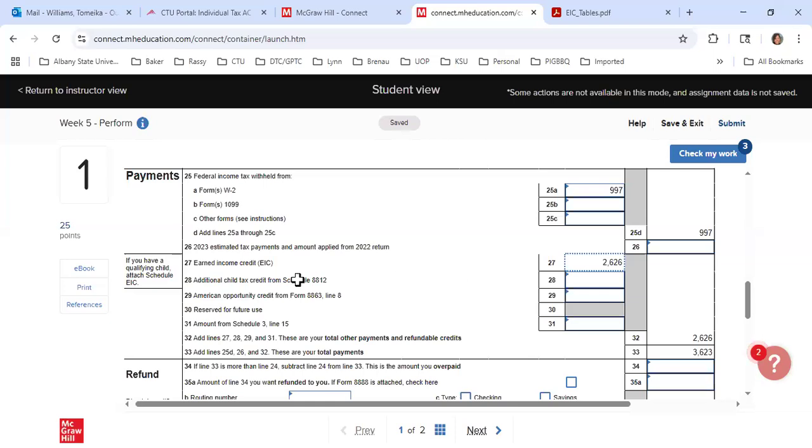Remember, the additional child tax credit from the 8812 that we completed was 1,222. All right. And then lastly, line 34, subtract line 24 from line 33.